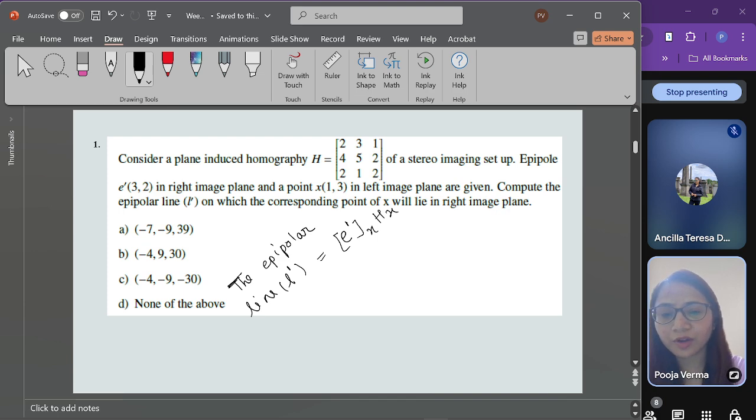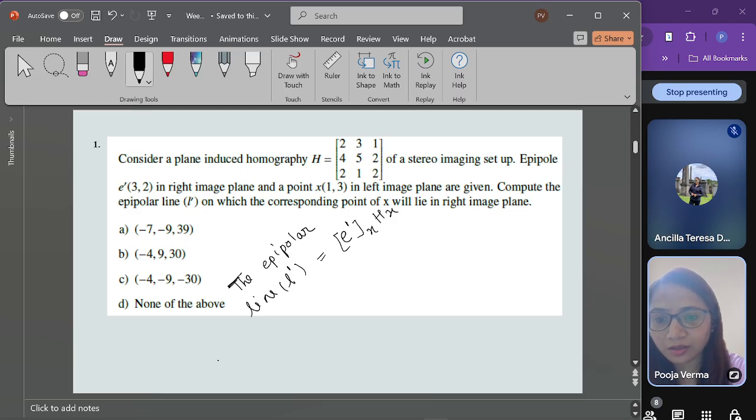Now we need to find E dash cross X. So first we need to convert the image planes into homogeneous coordinates.